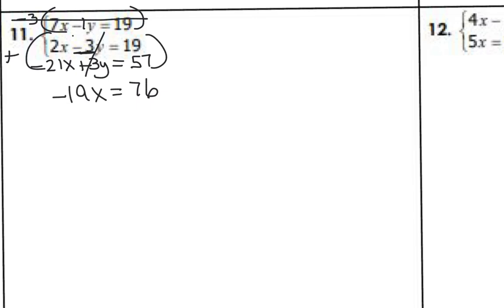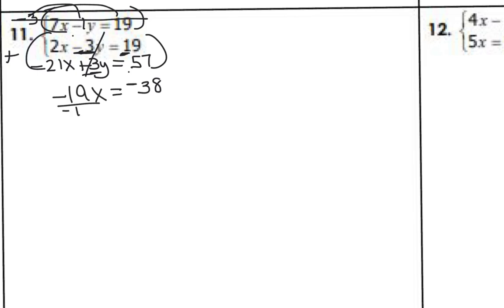Oh, my bad. That's a negative 57. Y'all didn't stop me. Negative 3 times negative y was positive 3y. Negative 3 times 19 is negative 57. So now, 19 minus 57 is negative 38.